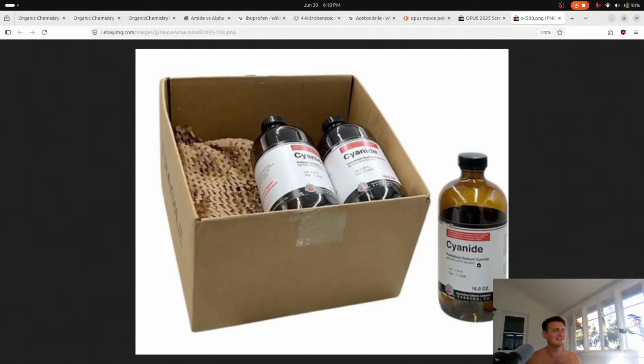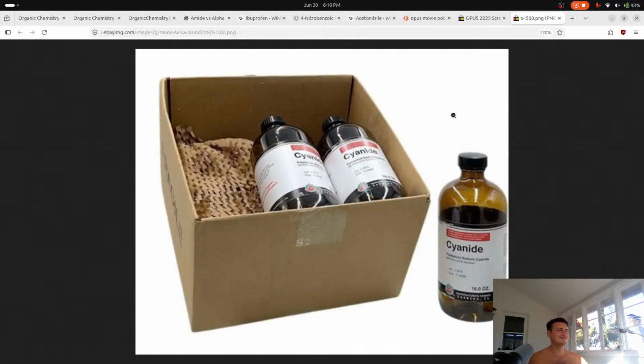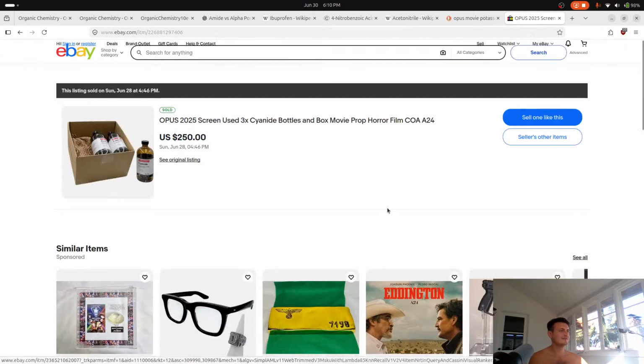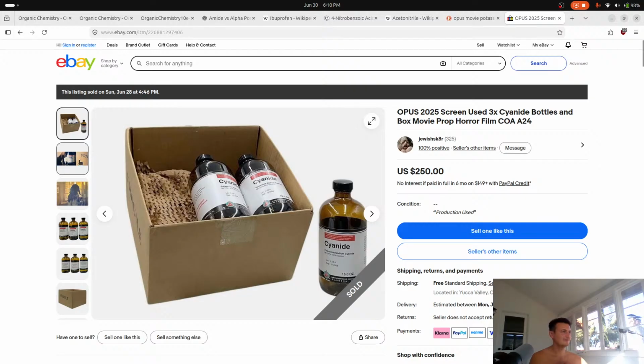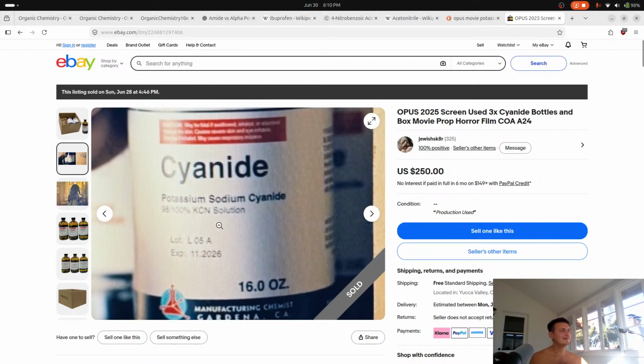Potassium sodium cyanide. You can't really make that out, but they're selling the prop for $250. Should I buy this prop just because it's so stupid? This is so funny, man. That is hella funny, dude. Is that the only photo? Oh, wait, here we go.